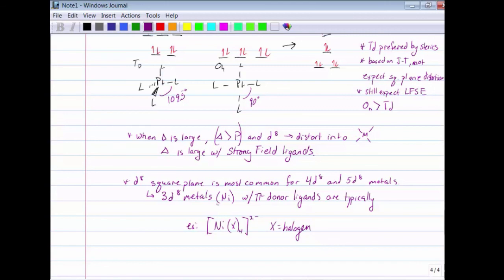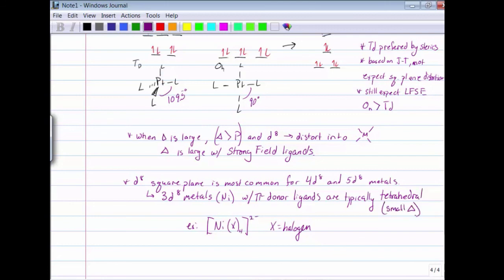Now, when you put a pi donor ligand on there, you further decrease that delta. And so nickel compounds with pi donor ligands are typically tetrahedral, because there's a small delta.